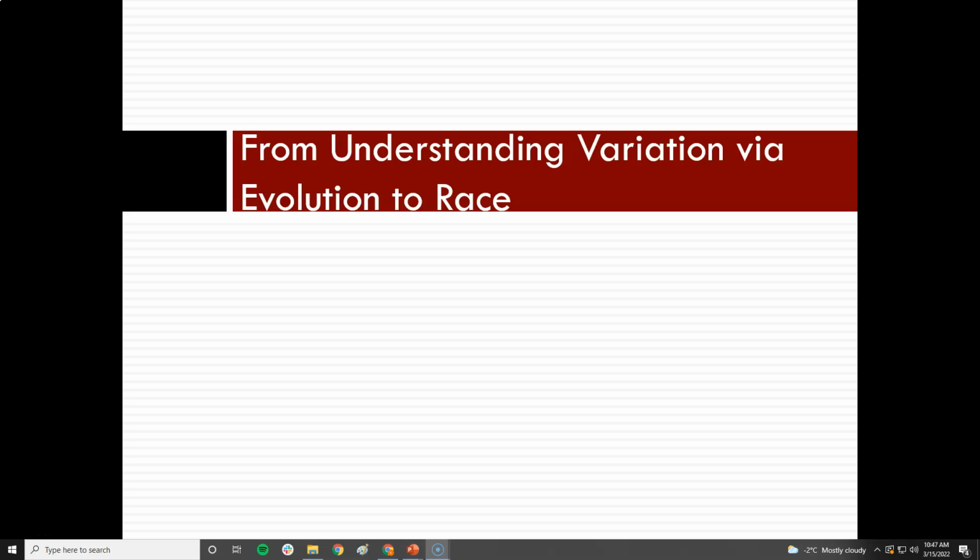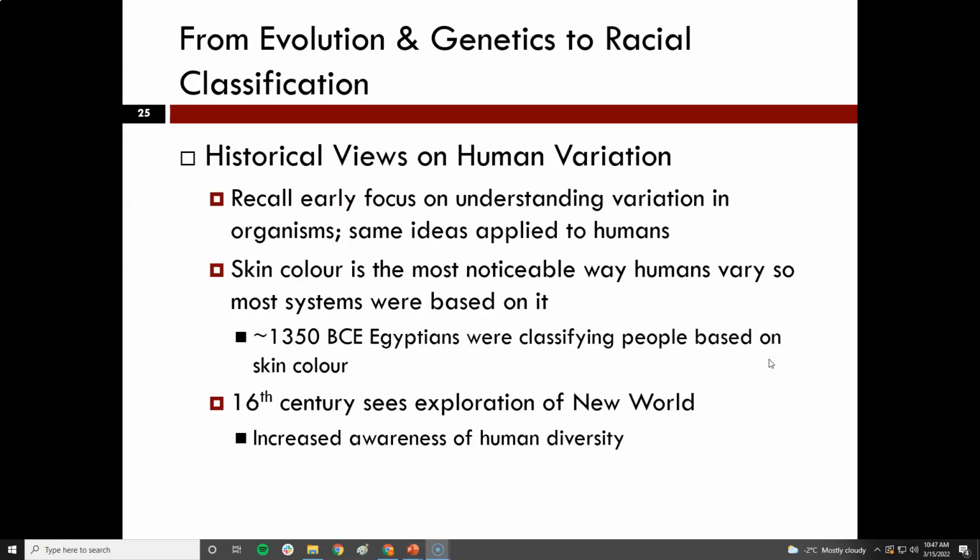Now, just a heads up that I'm going to be very critical of the concept of race, and you're going to see this is largely because while many people have the idea that races are a biological fact, that they are a biological reality, what I'm going to argue is that indeed this is not true, that racial classification systems are culturally based, and while they use biological traits and are argued to be biological in basis, they do not reflect the reality of what variation means and how our populations work. So, without further ado, let's get into this.